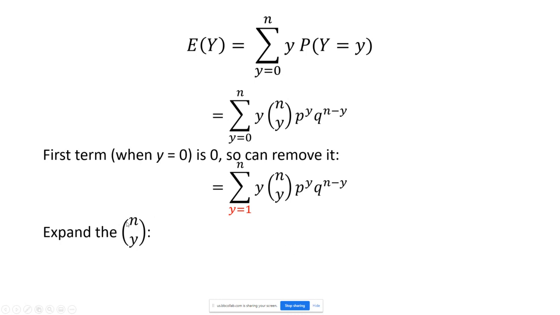And then let's go ahead and expand the n choose y. So we'll write that as a fraction using factorials. So take a moment to do that. All right, so that looks like that.